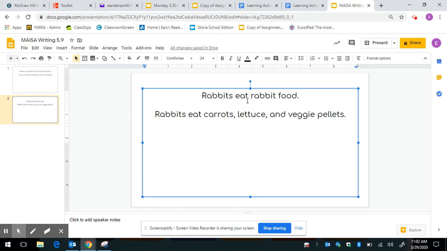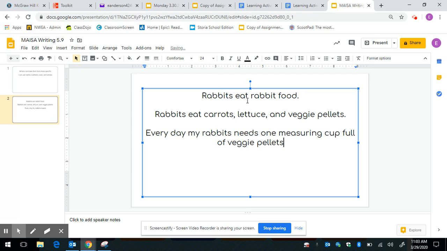Another way that I could make my facts more specific is thinking about, are there numbers that go with this fact, okay? I might tell you how many cups of food my rabbit needs every day. So every day, my rabbit needs one measuring cup full of veggie pellets, okay?